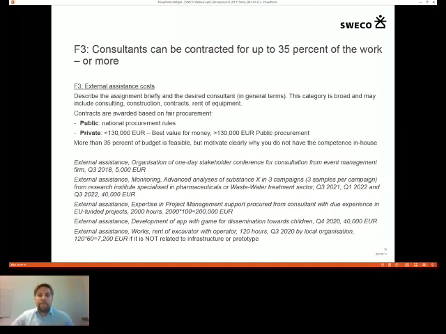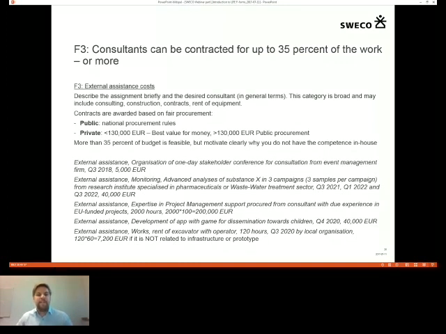And for private organizations, contracts up to 130,000 euros could be based on the best value for money procurement procedure. This means that you prepare procurement documentation and you send it to minimum 3 different organizations so that they can prepare their offers, and you choose the best value for money depending on your criteria that you have put up in your procurement documentation.